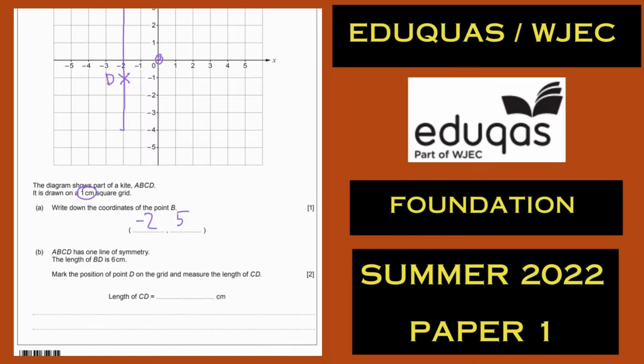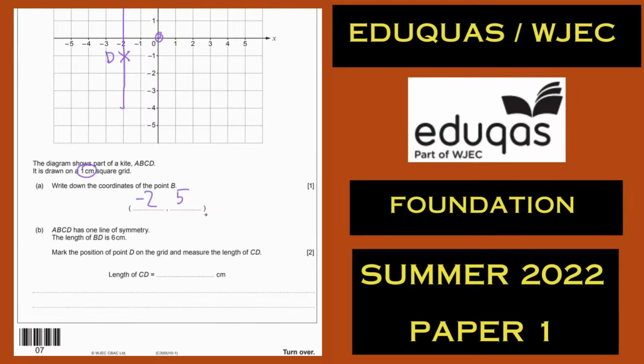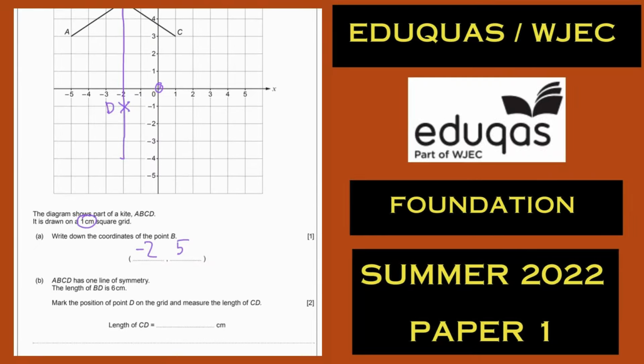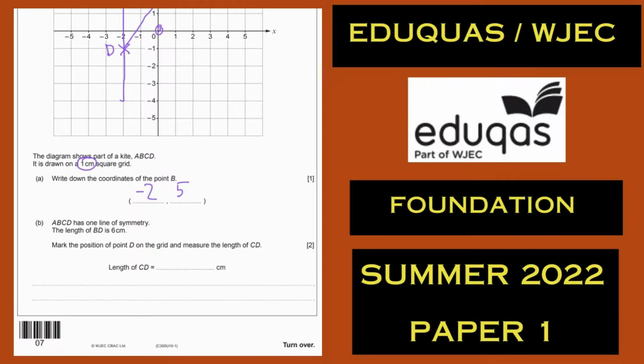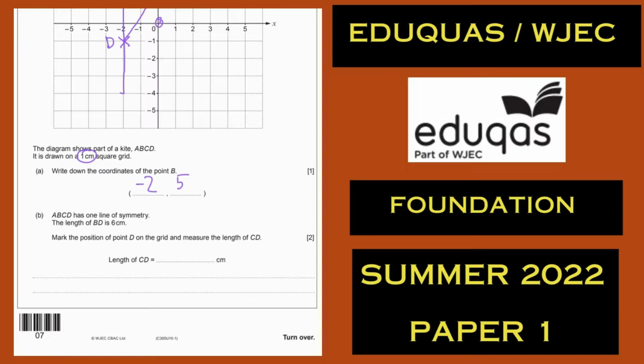Now, still part B, when it comes to the length of CD, this really does depend on lots of factors. If your teacher's reduced it to A5, it'll be a lot smaller. And also, if you're doing it on a reproduction, like mine's a full-size reproduction, there is a slight difference between the original exam papers, because the original exam papers, it's exactly 5, within a tolerance of plus or minus 2 millimetres.